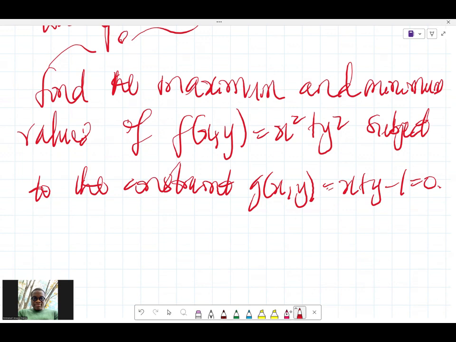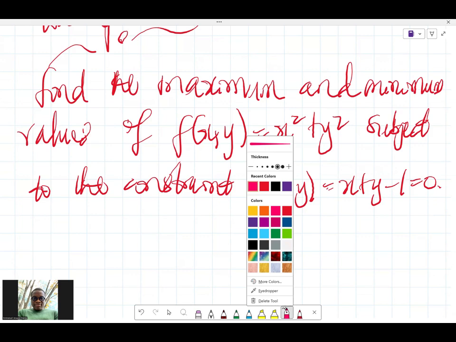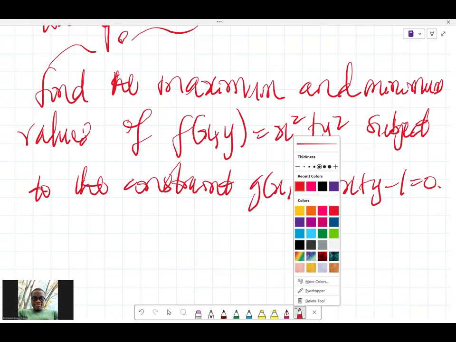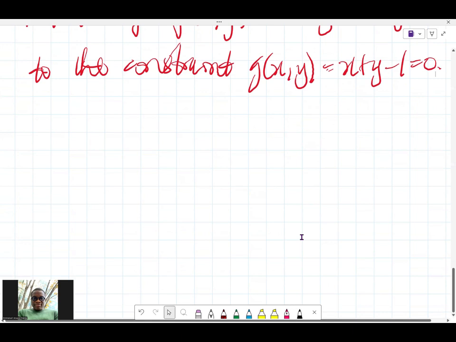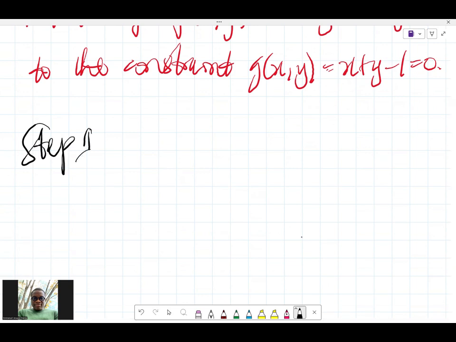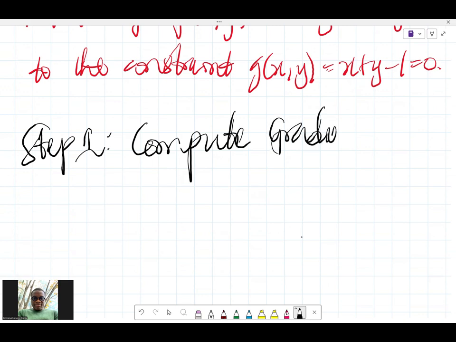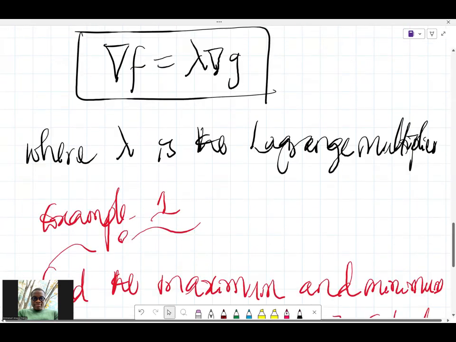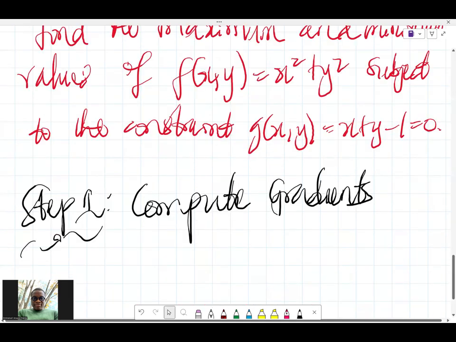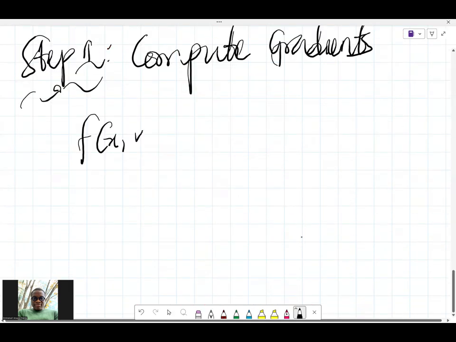So for step 1, we compute gradients for both f and g. We know that f of x comma y is equal to x squared plus y squared.